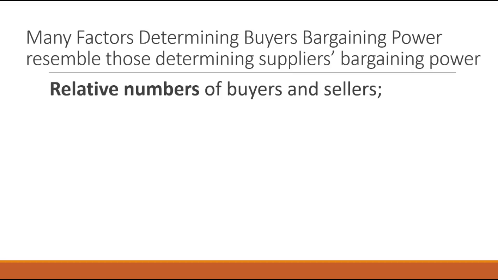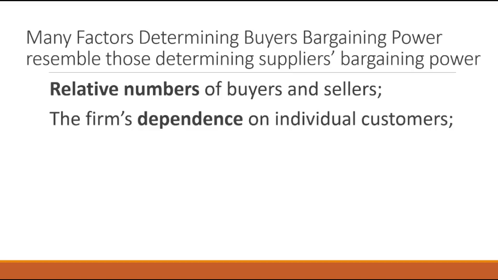Effectively, that's really talking about the market structure that the buyers and the sellers find themselves in. We looked at the idea of how dependent is one party on another. In this case, we're concerned about how dependent is the firm on individual customers.